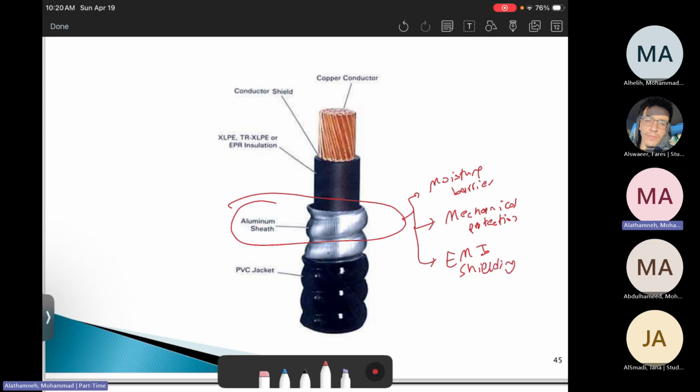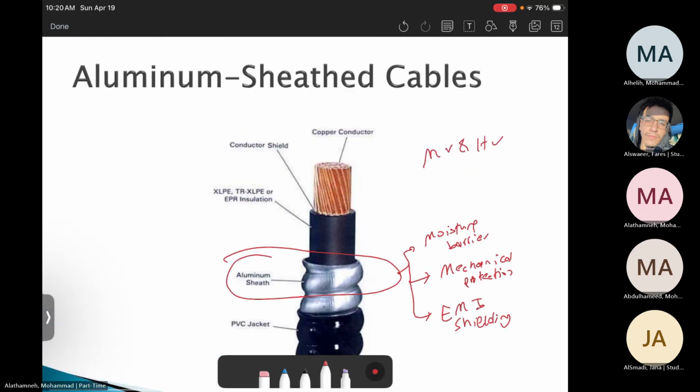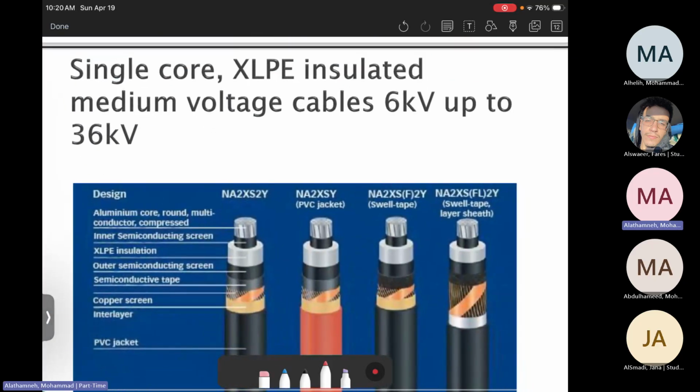That's the purpose of it. It is used in underground cables in medium and high voltage systems as well. Now the single core XLPE insulated cables.